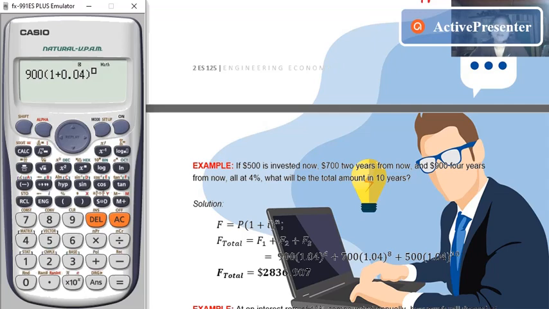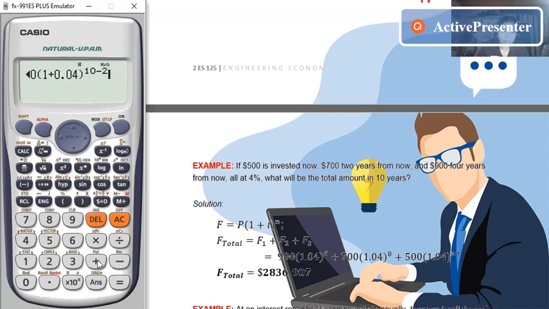Since our total is 10 years, therefore 10 minus 4, which is 6 years, plus for the $700, same, 700 times 1 plus 0.04 raised to, for our number of years, 10 years from now minus 2 years from now.